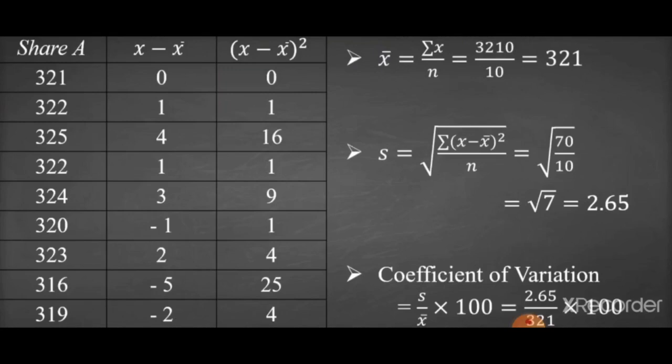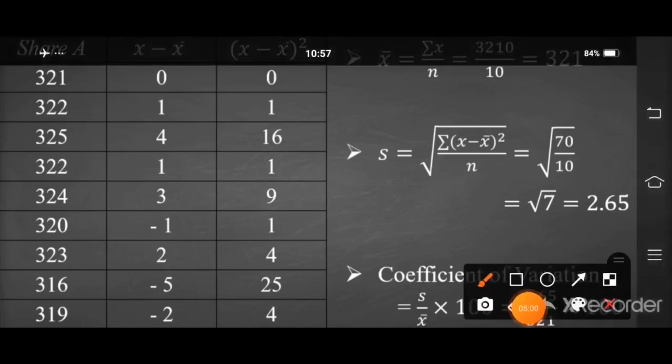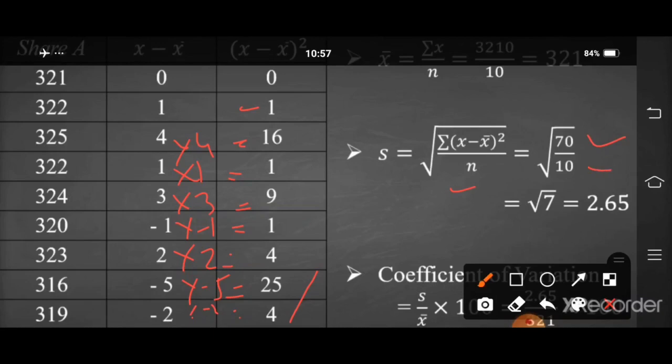So 0 square is 0, 1 square is 1, 4 square is 16, 1 square is 1, 3 square is 9, minus 1 into minus 1 is 1, 2 into 2 is 4, 5 square is 25, minus 2 square is 4. The total of this column would be 70, and the number of observations is n, so under root of 7 is 2.65.